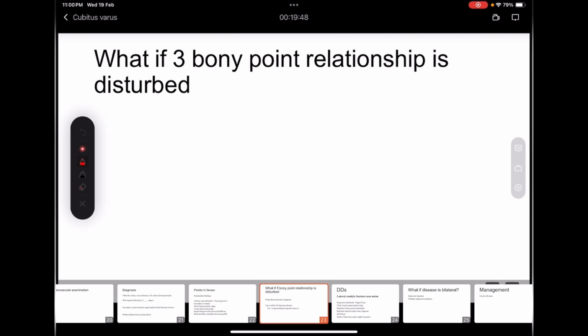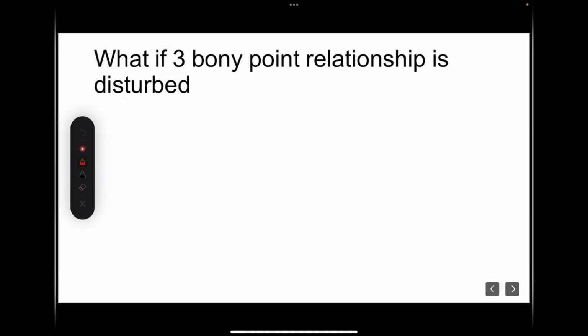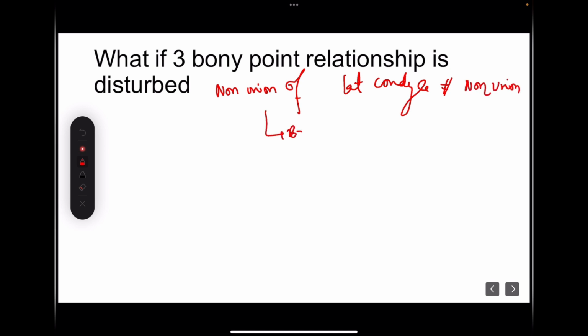If the child doesn't have three bony point relationship maintained, then what you should always think. Firstly, it could be because of cubitus varus, could be because of non-union of lateral condyle also. Lateral condyle fracture non-union can cause both valgus or varus deformity. Yes, valgus is commoner than varus, but child can have both the deformities.